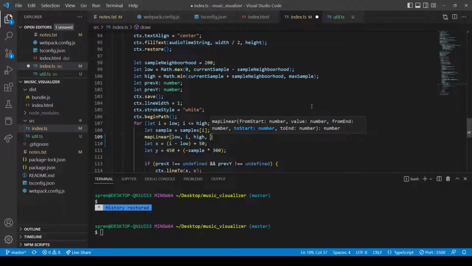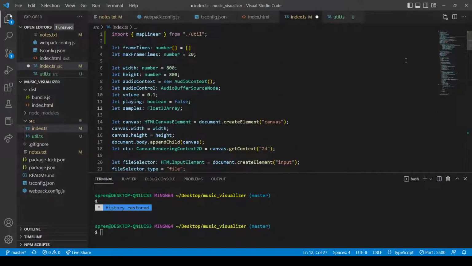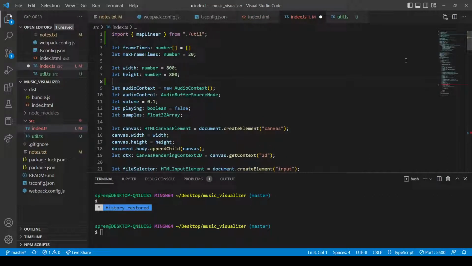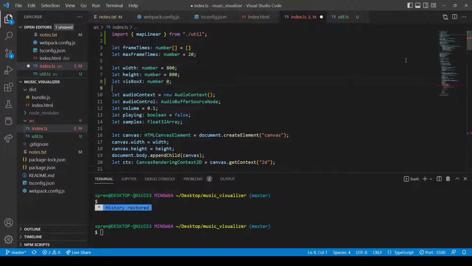And my destination is whatever I want it to be, but I should declare some variables for that. Probably 0.